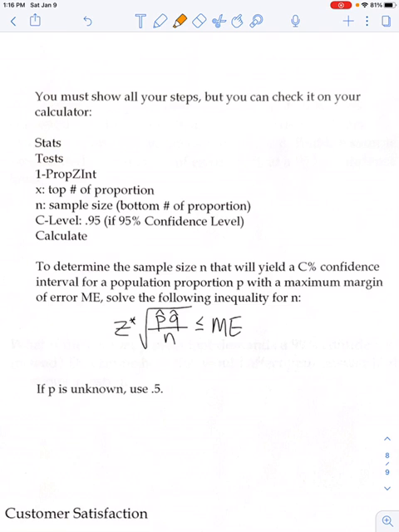Now, the calculator I have on screen right now won't show it, but I will walk you through it, and you're welcome to go mess with it and try the sex problem that we just did and see if you get the correct interval. So you're going to go to stats, and then once you hit that button, you're going to go over to tests. And you're going to scroll down until you see a 1 proportion Z interval.